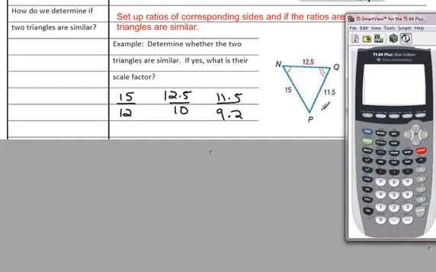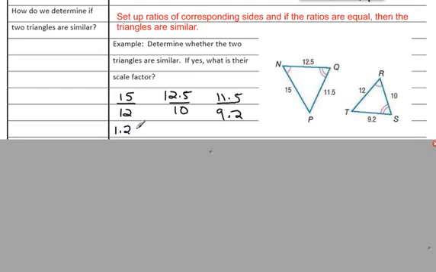Then I would determine if the ratios are equal. So is 15 divided by 12 equal to 12.5 divided by 10? And is that equal to 11.5 divided by 9.2? And notice how all three ratios equal 1.25?